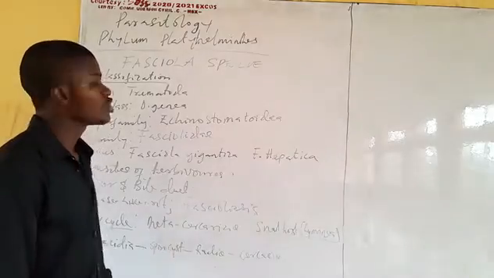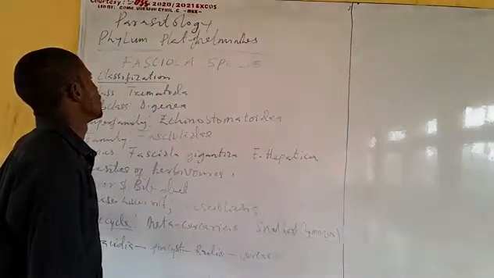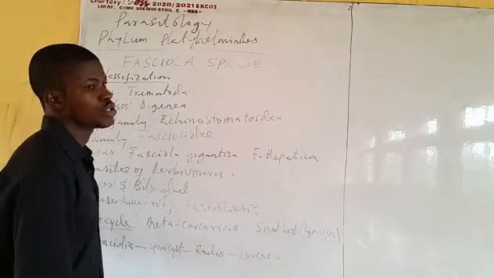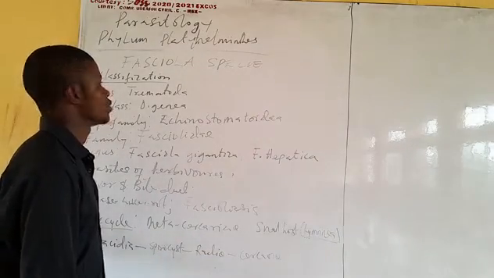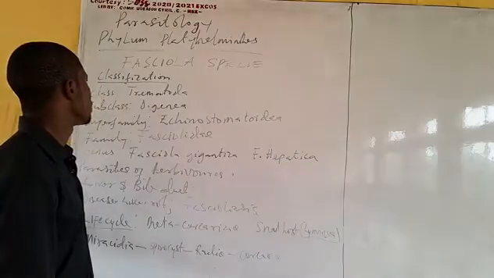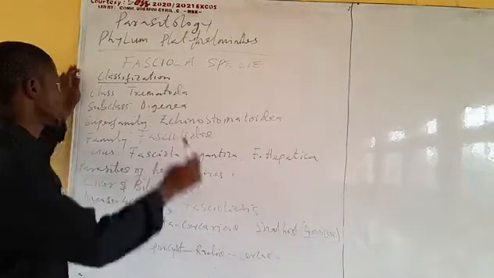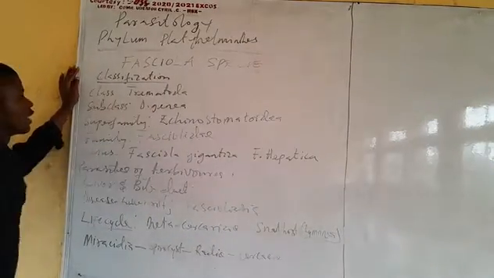What we will treat today is Fasciola species. Fasciola is a parasite, and the class of this Fasciola species is Trematoda.